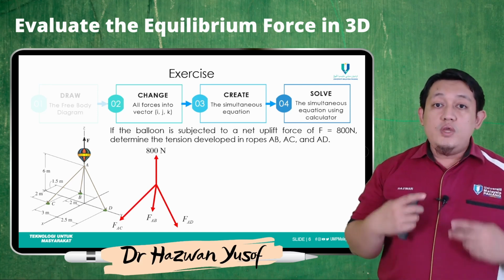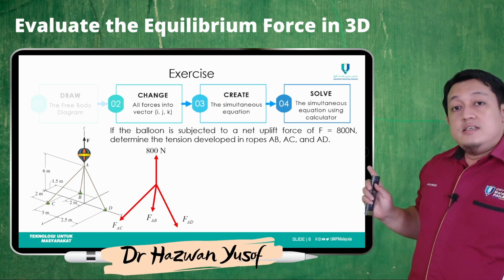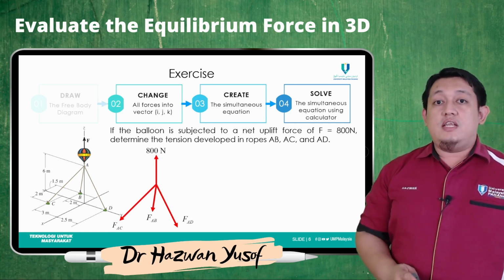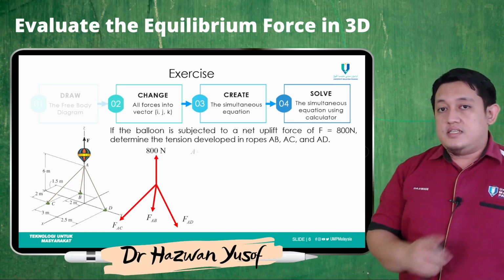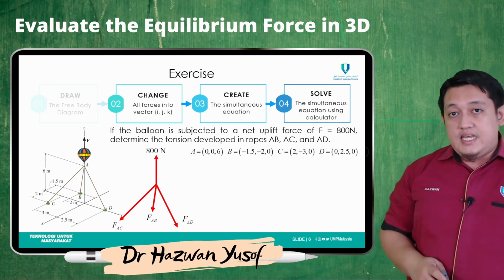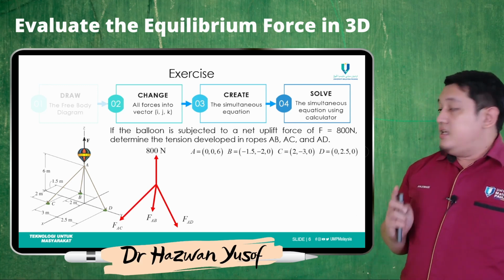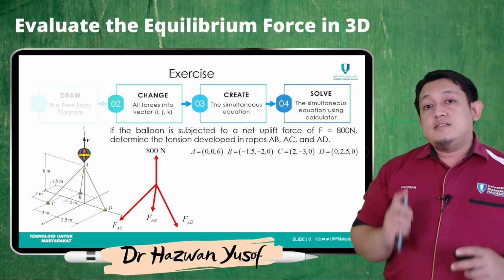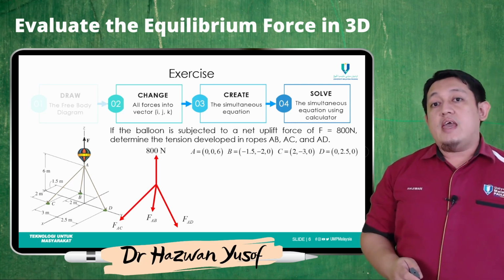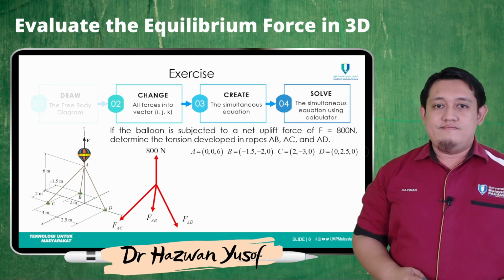The coordinates that we need are A, B, C, and D. If we write down the coordinates, it will be like this. A is 0, 0, 6. B is negative 1.5, negative 2, 0. C is 2, negative 3, 0. And D is 0, 2.5, 0.